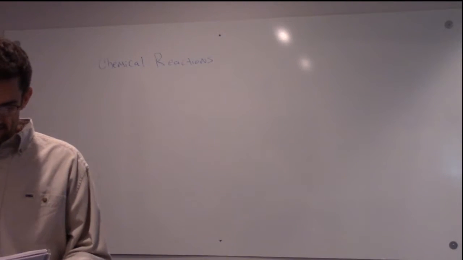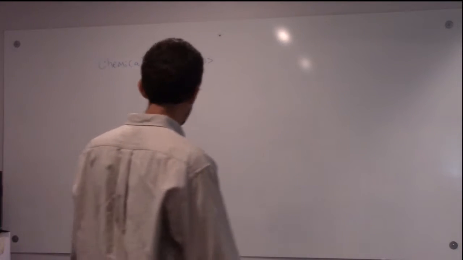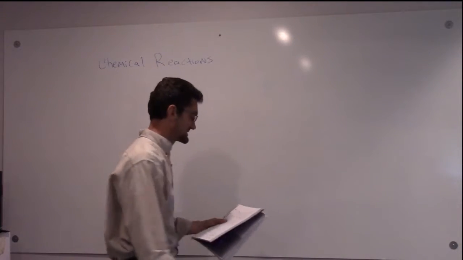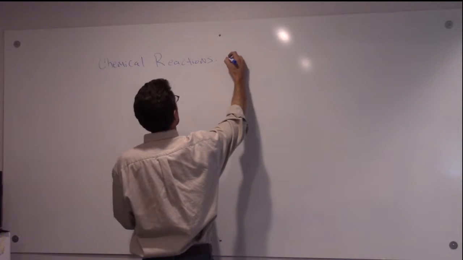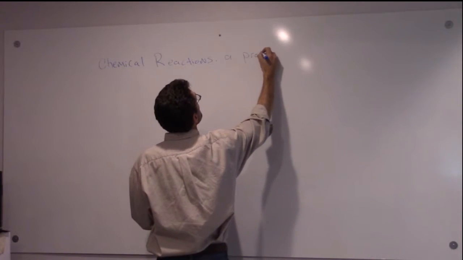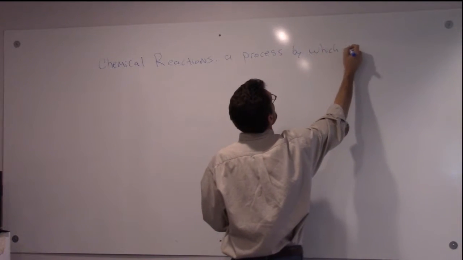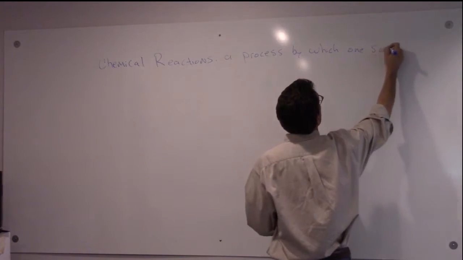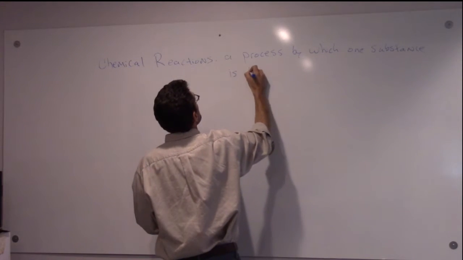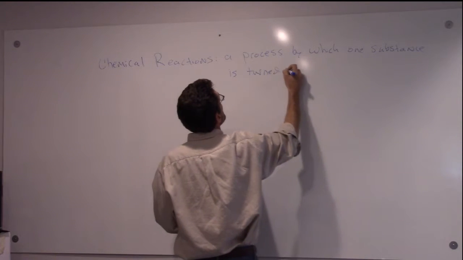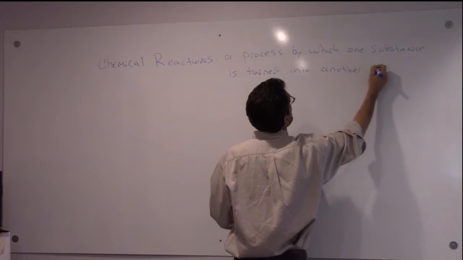Chemical reactions. That is a process in which a substance or substances is changed into new substances. So we have a process by which one substance is turned into another substance.